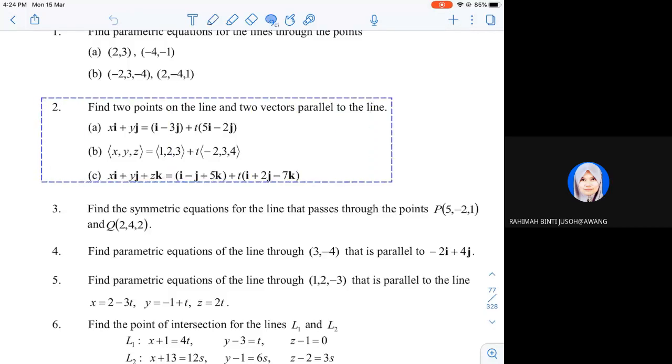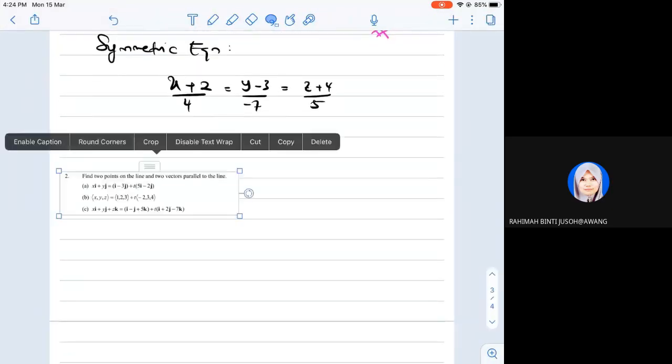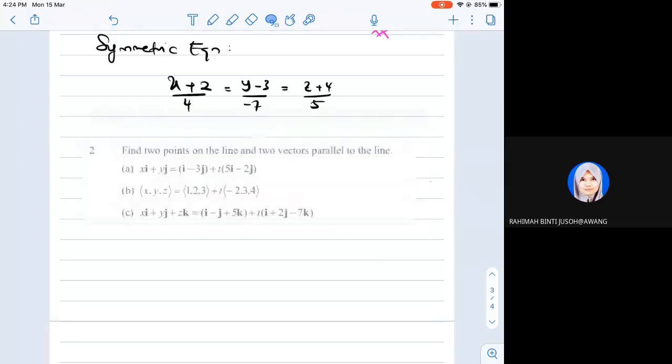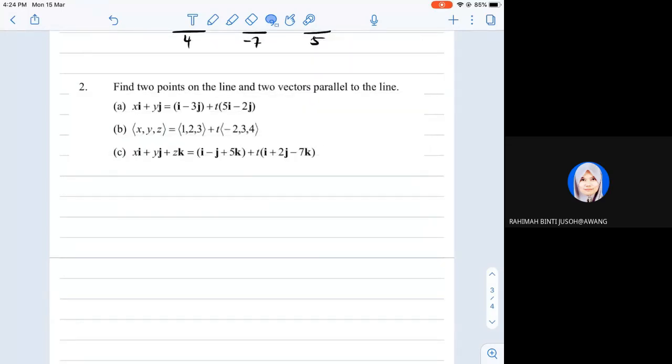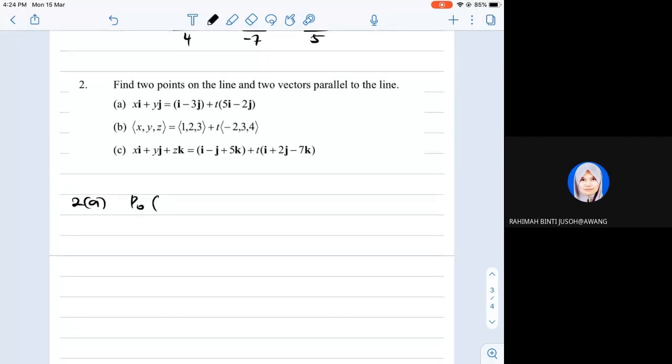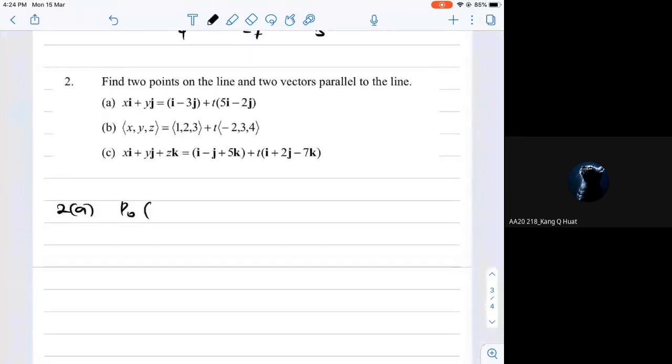Okay, question number 2. Find 2 points on the line and 2 vectors parallel to the line. Let's take a look at question 2A. What is our P naught? Apa guys, P naught kita? 1, negative 1.